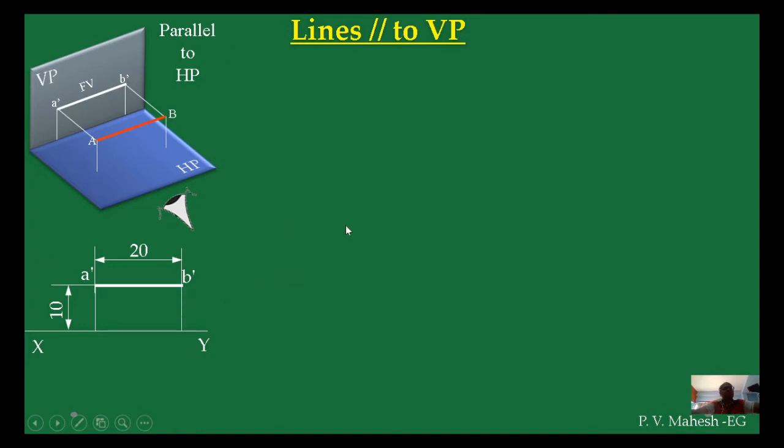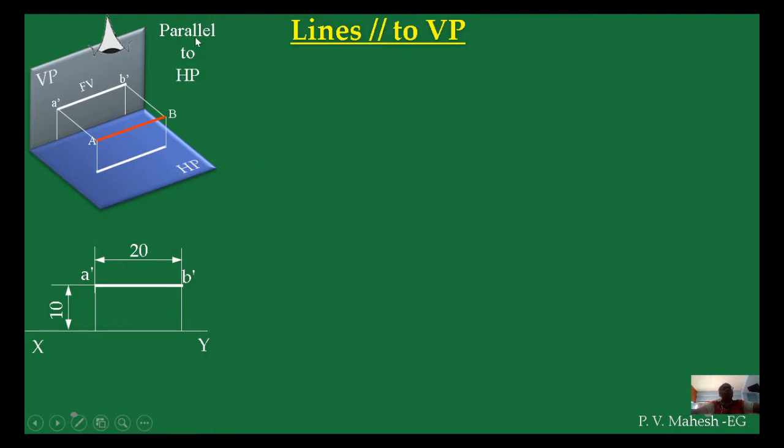With this our front view is completed. Next we have to go for the top view, where the observer is seeing from the top. Since the distance of A and B from HP is equal, he will see the true length in the top view as well.